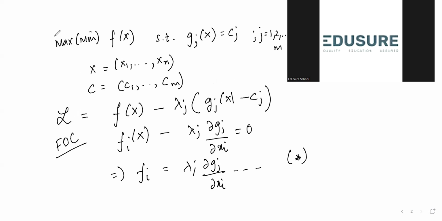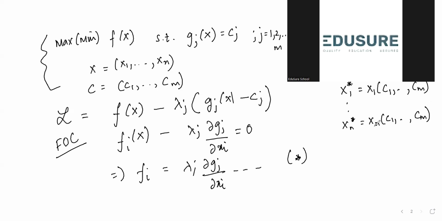Now, after solving it completely, you will get the values of x1 star, which will be a function of c1 up to cm. Similarly, xn star will also be a function of c1 to cm. So you will get each of these values being a function of all the constant values from the constraints.